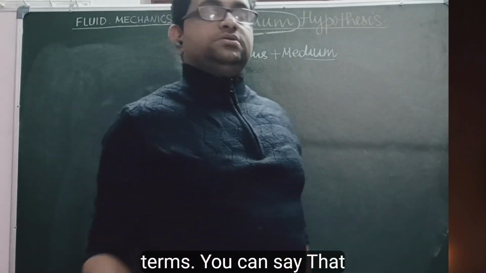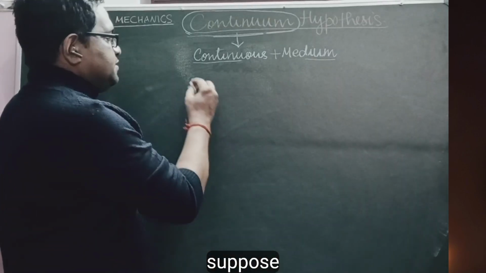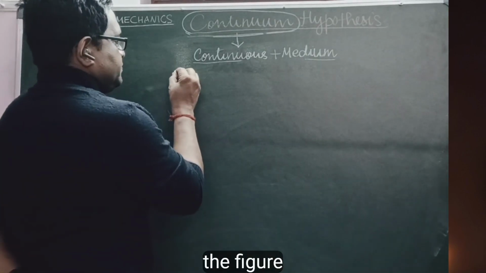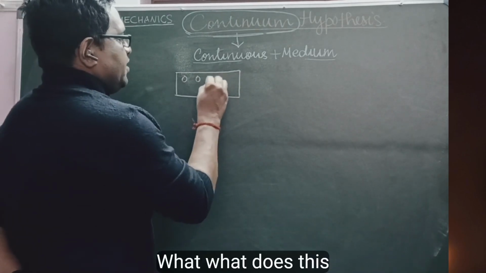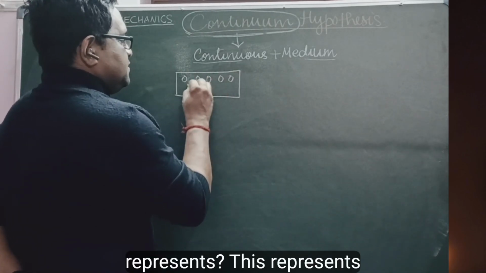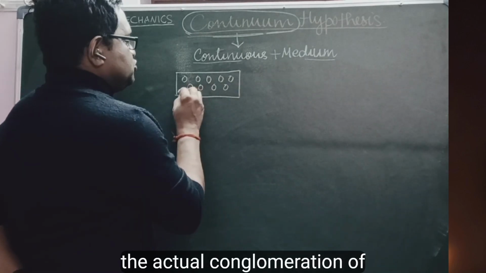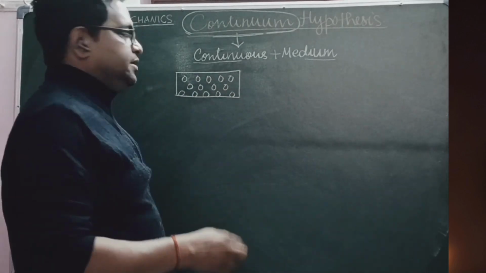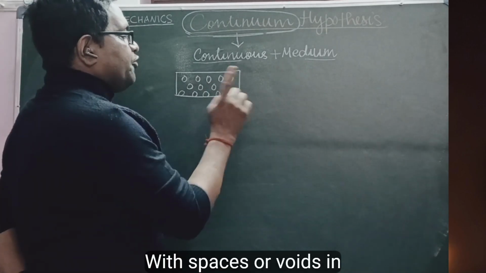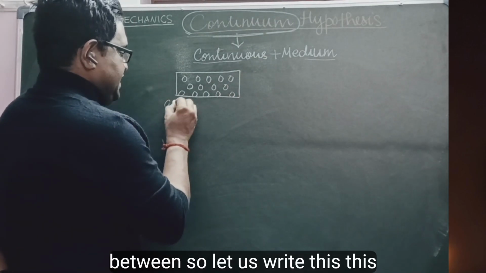In simpler terms, suppose the figure here. What does this represent? This represents the actual conglomeration of molecules within the fluid with spaces or voids in between. So let us write this.